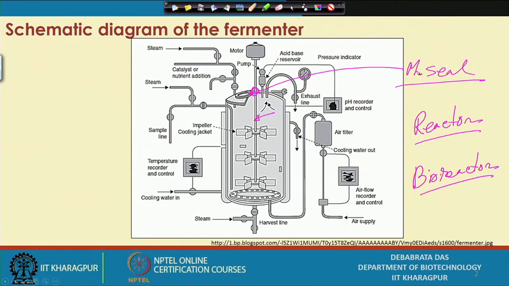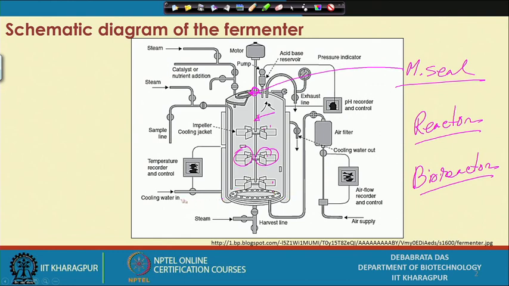There are a lot of other things that we have. This is the impeller, which I have already discussed. It is attached to the shaft, and we still have to provide impellers at different heights to make the mixture perfectly homogeneous in nature. Then another very important thing is the temperature.